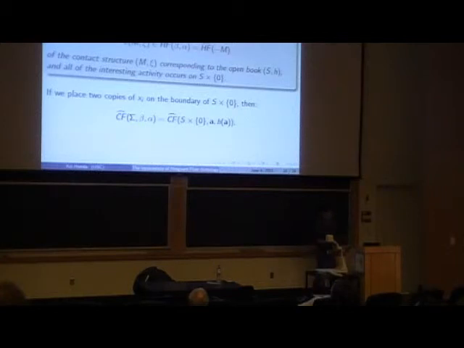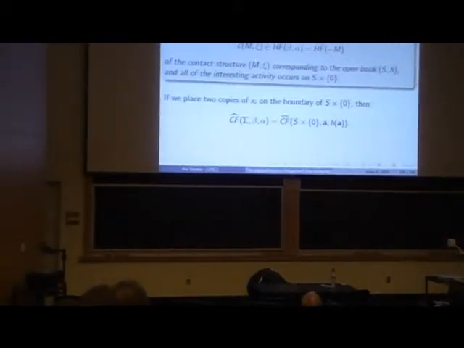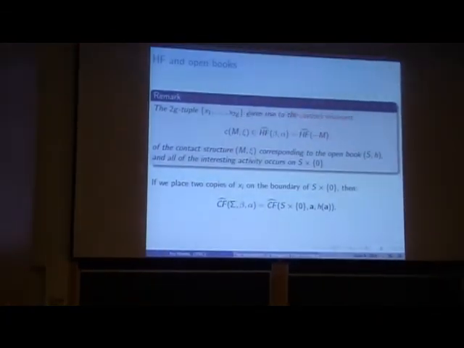So in some sense, it's like the ground state. Maybe that's the only thing I'm going to say for the moment. The 2g-tuple x1 through x2g gives rise to the contact invariant in Heegaard Floer homology.